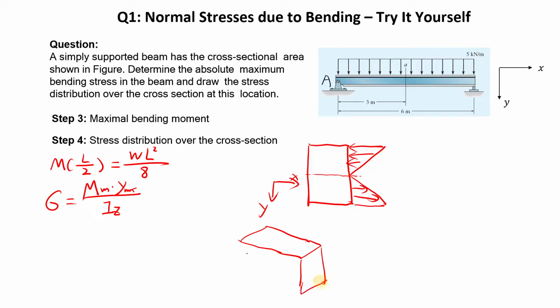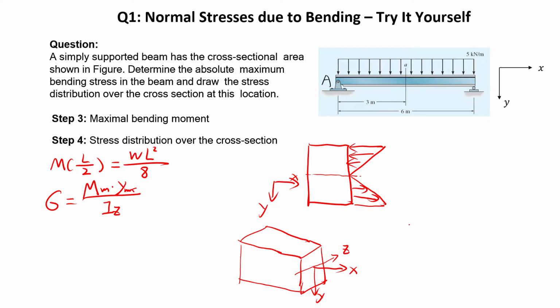The Z axis should go in these directions, X and Y. So it should be Iz. And in fact, for this case, the cross section is the I-beam.